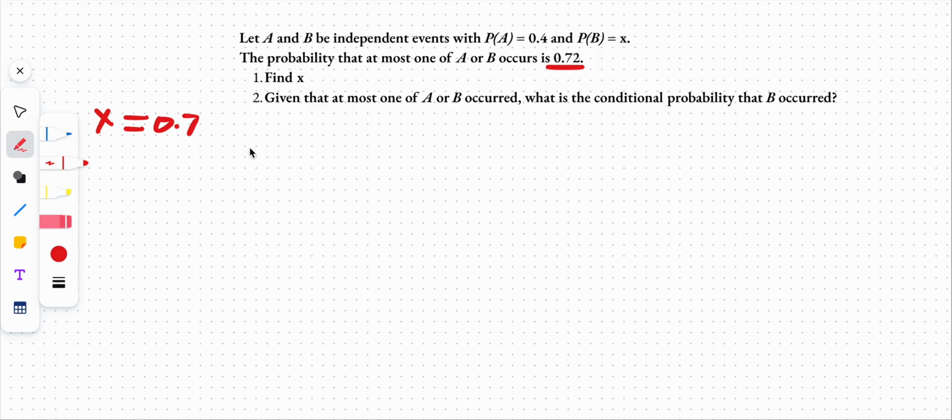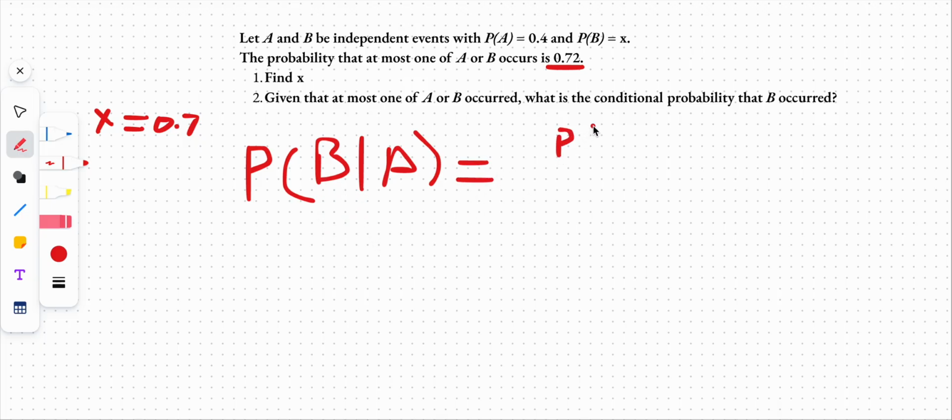So basically it turns into the conditional probability, the probability of B given A, which is equal to the probability of B and A over the probability of A.